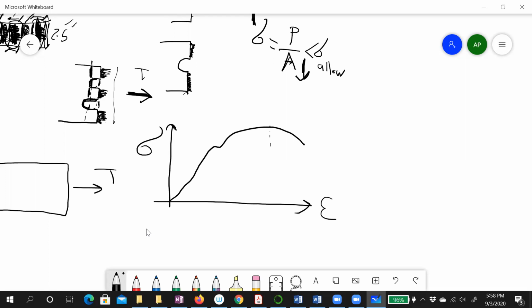This point is called sigma ultimate, which means if this happens, then we have a failure in the section, or a crack or something like that. For some problems, we assume this sigma yield. If in the textbook you see sigma ultimate or sigma fail, it means this one, right? Does it make sense?